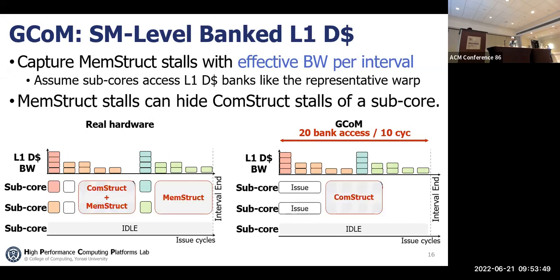As the slowest functional unit hides stalls of the others, the memory structural stall can hide the compute structural stall. The difference between the minimum issue cycle and the L1 data cache access is assumed to be the memory structural stall of the SM. The whole data cache access and each instruction issue are assumed to be fully parallelizable.